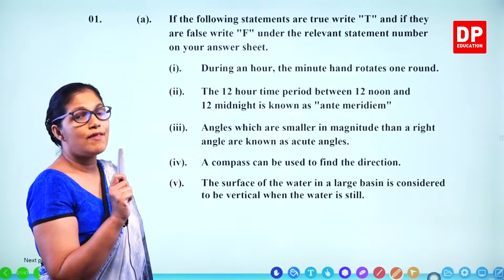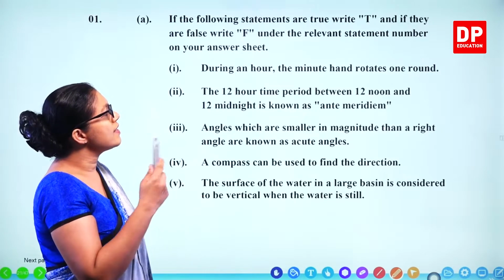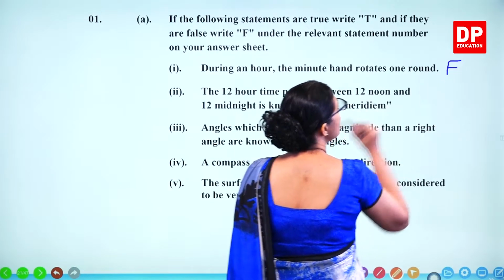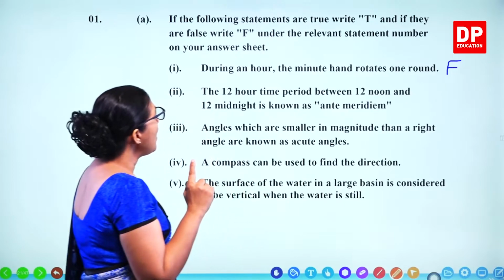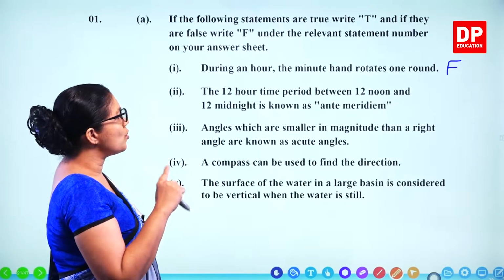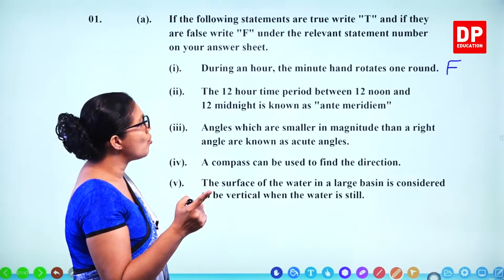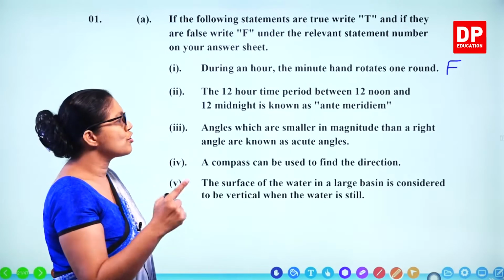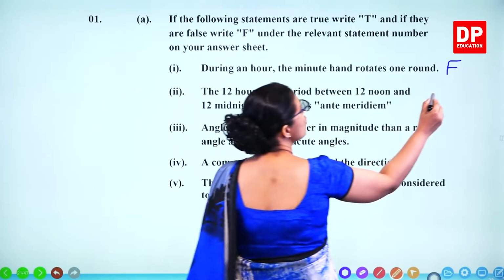So during an hour, minute hand rotates 60 rounds. So this is false. So you can put F. The 12-hour time period between 12 noon and 12 midnight is known as anti-meridian. That's wrong. That's PM, post-meridian. So that's also false.